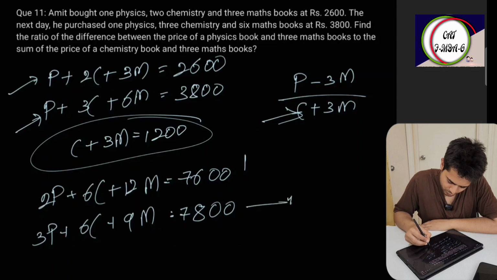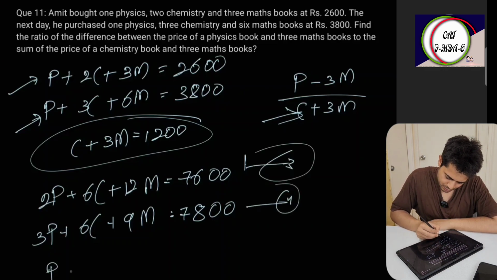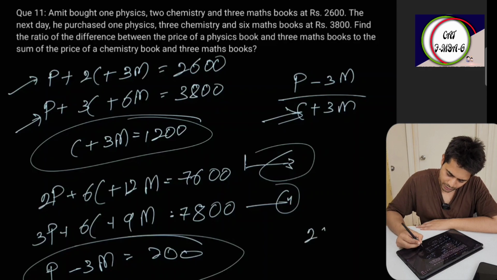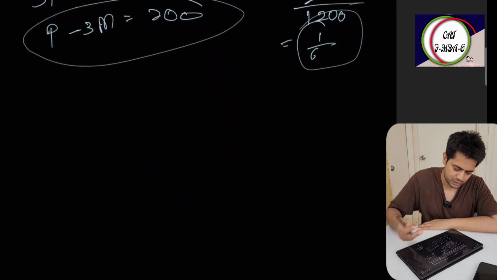Okay, now equation number 4 minus equation number 3, you can get p minus 3m is equal to 200. So p minus 3m by c plus 3m is 200 by 1200, which is 1 by 6. 1 is to 6 is the right answer.